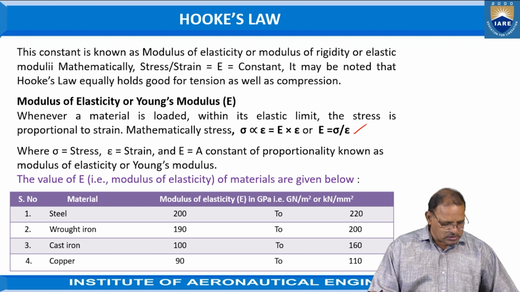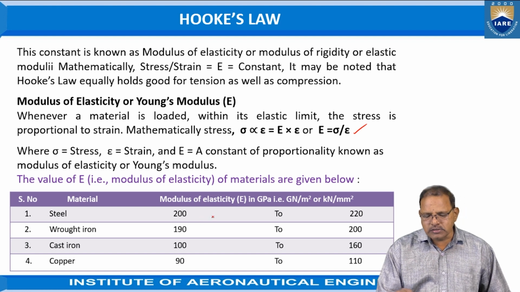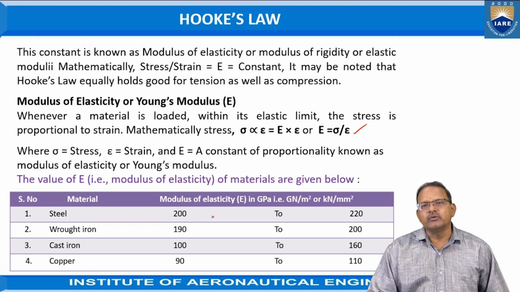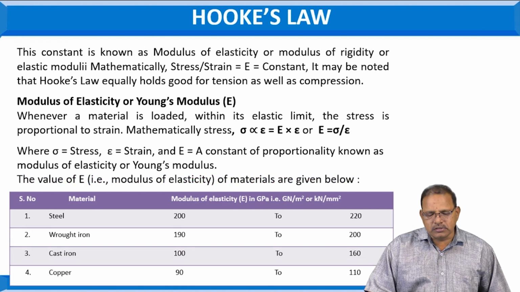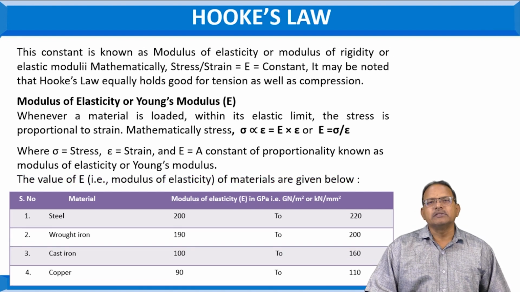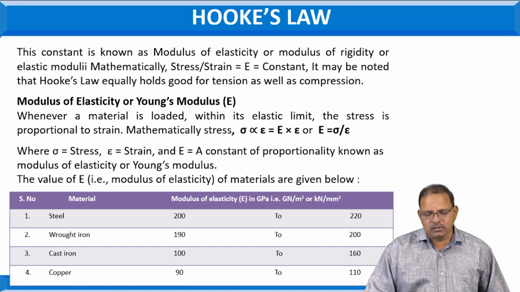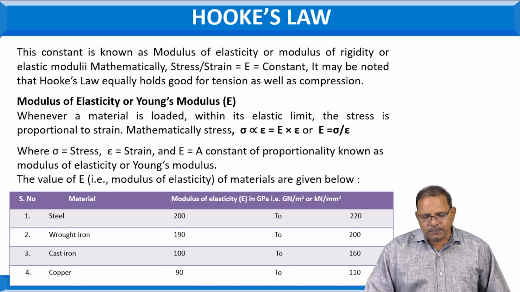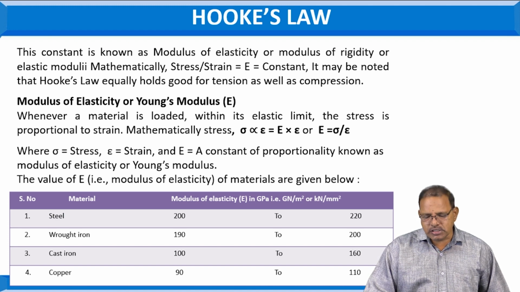For steel, it lies around 220, wrought iron 190 to 200, cast iron 100 to 160, and copper 90 to 110. These Young's modulus properties, obtained by using the stress and strain relations, are the most important in designing materials.